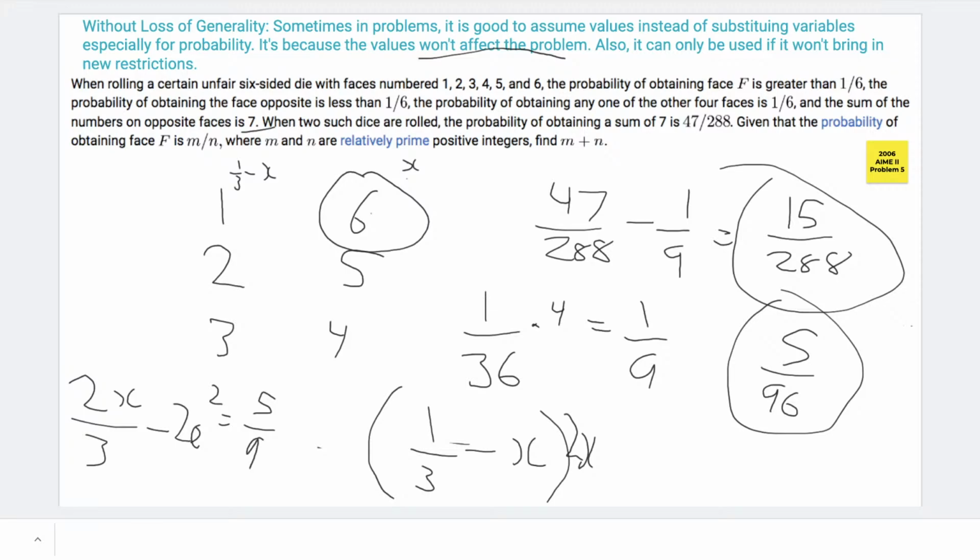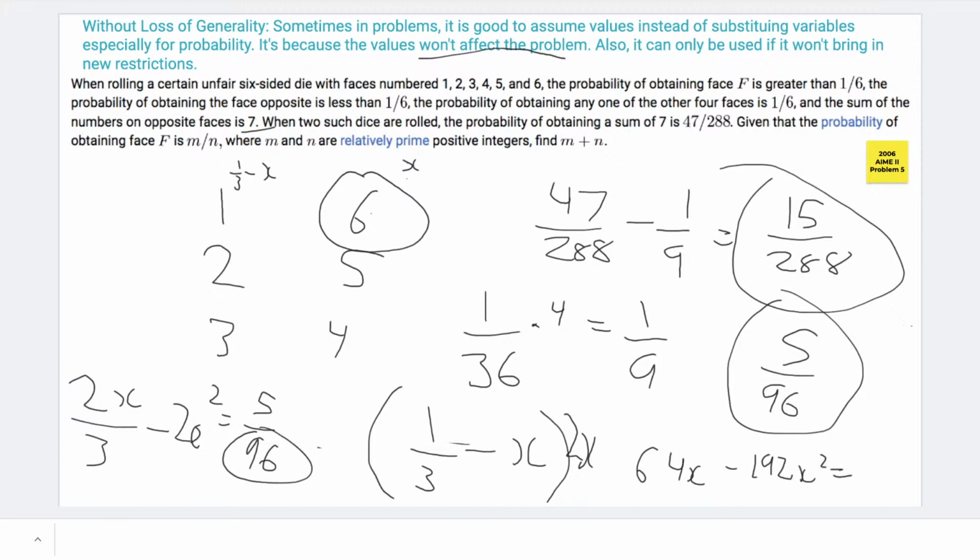Clearly you can multiply both sides by something, because we don't want this messy expression here. We'll just multiply it by the denominator 96 to get 64x minus 96 times 2, which is 192x squared, equals 5.